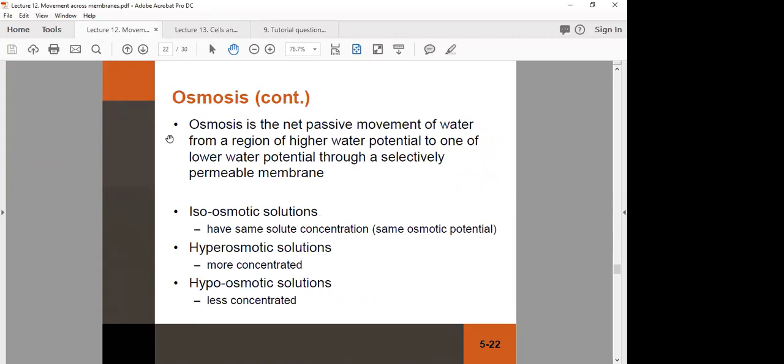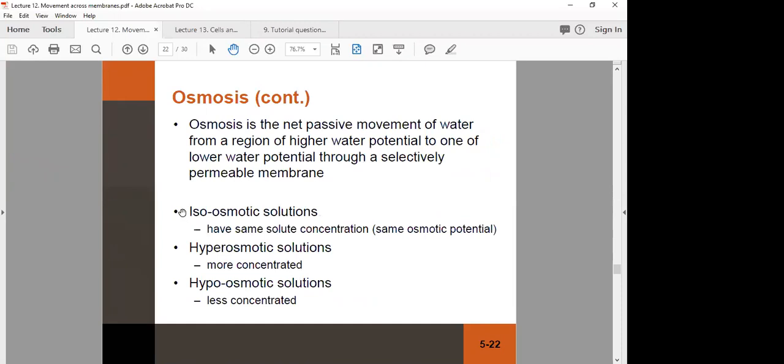All right, so now we can define osmosis. Osmosis is the net passive movement of water from a region of higher water potential, remember, high free energy of water, to a region of lower water potential through a selectively permeable membrane. Now that we understand this, we can work out what happens when we place a cell in a solution with varying concentrations.